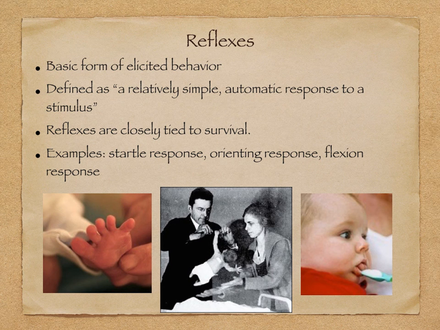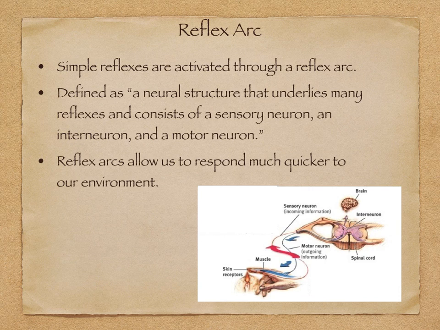One of the interesting points about a reflex is that it is activated and sometimes responded to without the brain actually being involved. And that's what's called a reflex arc.